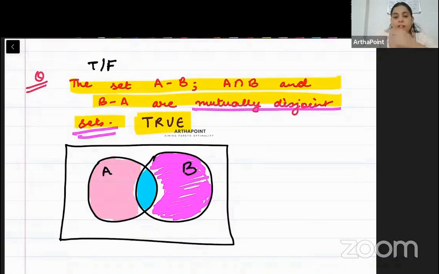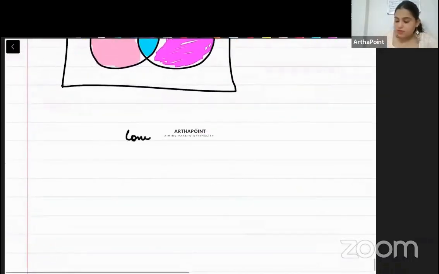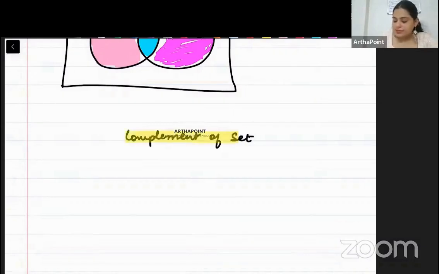Okay, beta? Fine. Now I want to talk about another concept here, which is called the complement of a set. What is the complement of a set? It is represented like this, or like this, A complement.